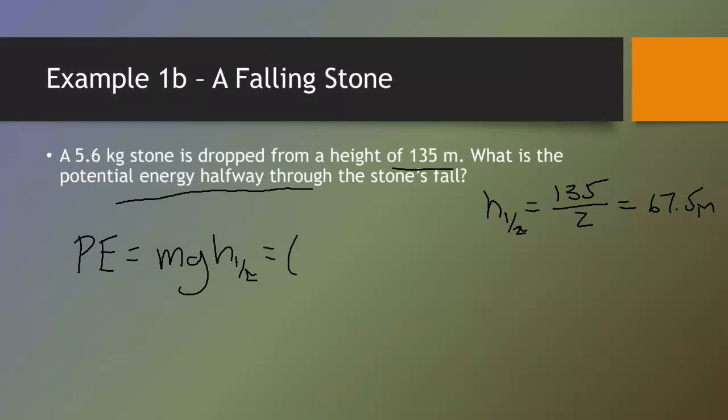And so everything else is the same, 5.6, 9.8. But now we're going to use the height that it is at when it's halfway through its fall, right? So 67.5, 135 divided by 2. And all that really does is divide the total energy by 2. And you wind up with a potential energy of 3704.4 joules.